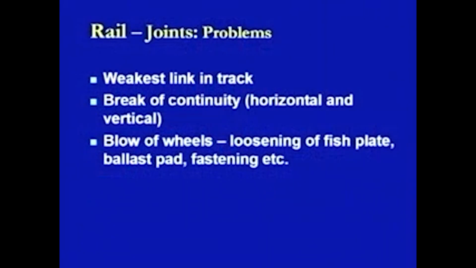Now, one more thing which we have seen when we discussed the wear of the rail sections at the end of the rail is that there is a blow of wheels at the end of the rail section, and this has further resulted in the wear. Looking at the same aspect in this case, because we are talking about the joints, what is happening is that due to these blows of the wheels at the ends of the rail sections, the fish plates get loosened.